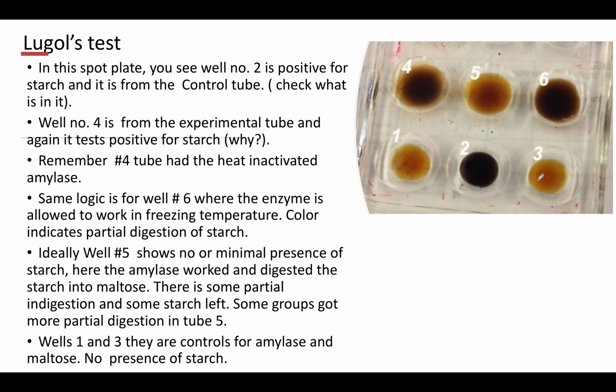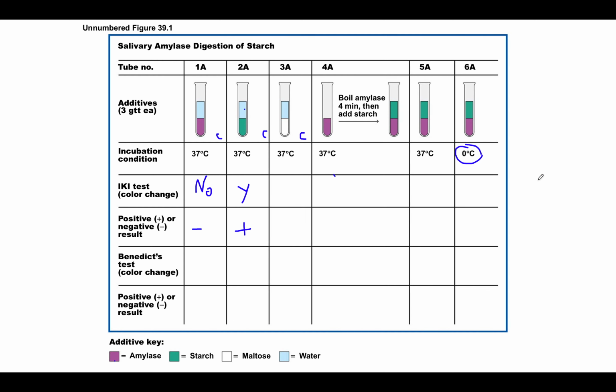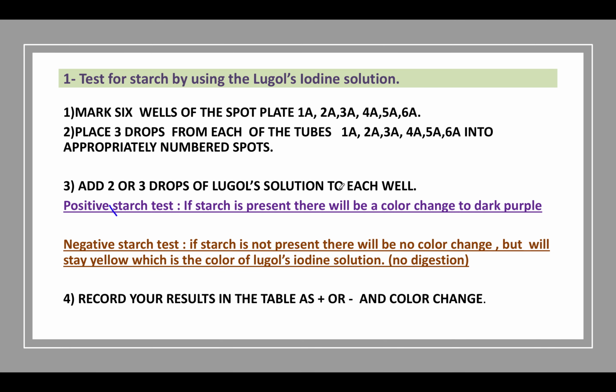Number 3 is negative. What did we add in number 3? We had maltose in here. Do we expect any positive for iodine? No. No color change. Now let's go into number 4.